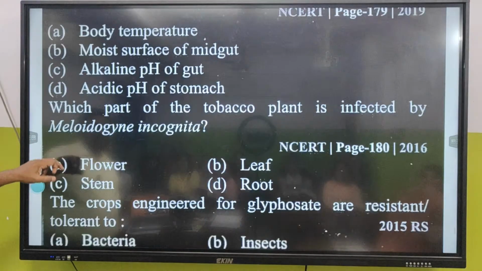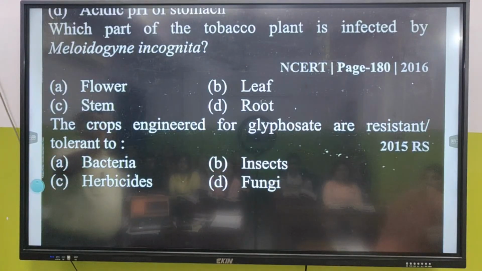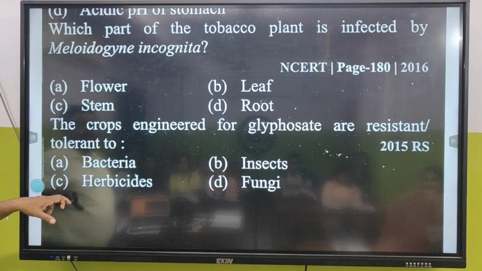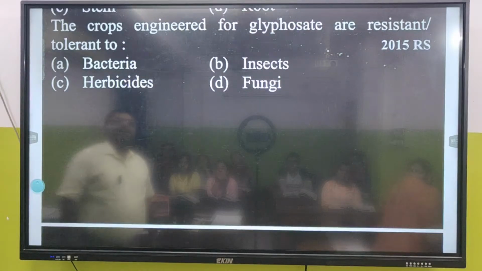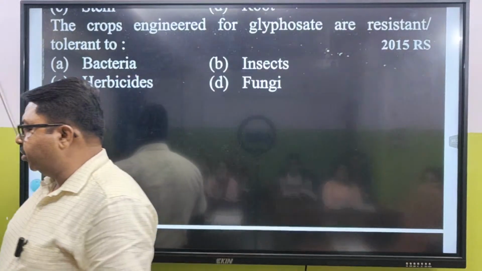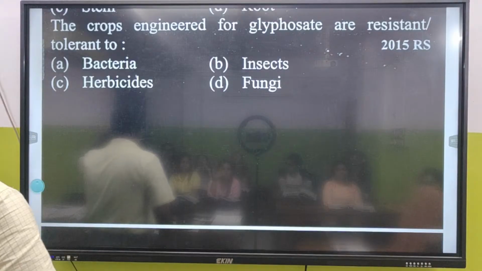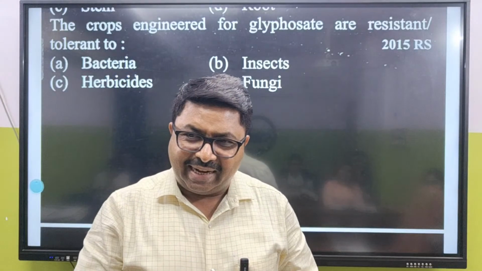What triggers activation of protoxin to active? The same question came twice. Meloidogyne incognita. Which part of the tobacco plant? It is the root of tobacco. The crops engineered for glyphosate are tolerant to herbicides. We have talked about enol pyruvyl shikimate phosphate synthase. These are glyphosates. Remember, being a farmer, I have sprayed weedicides.